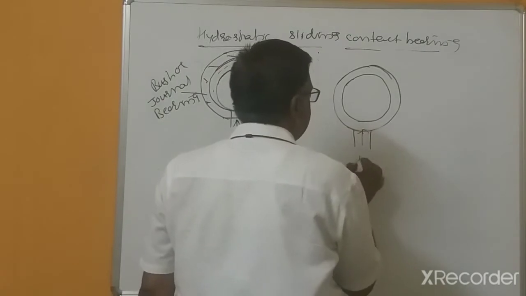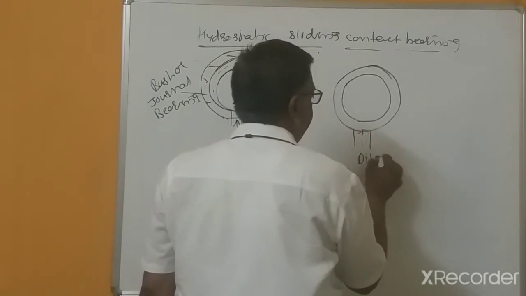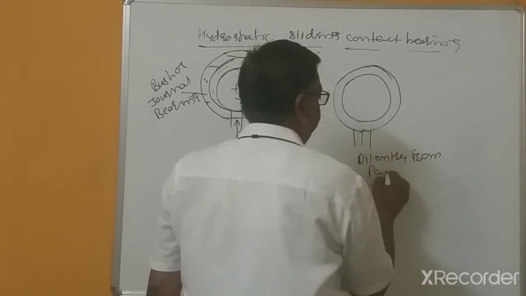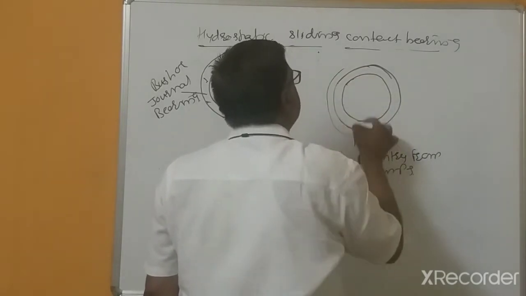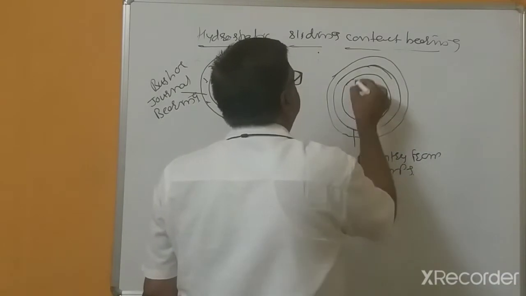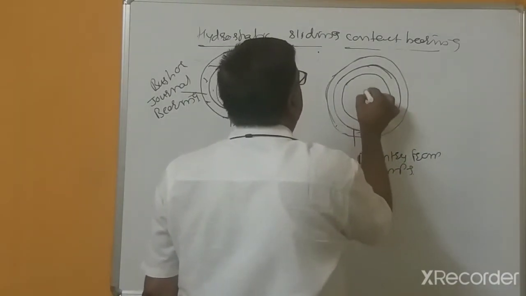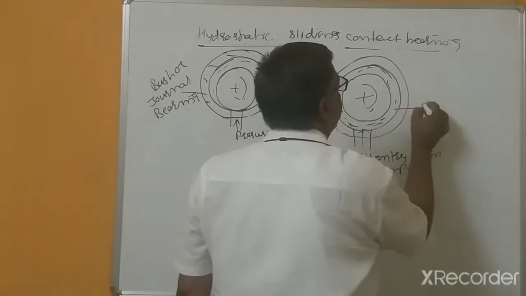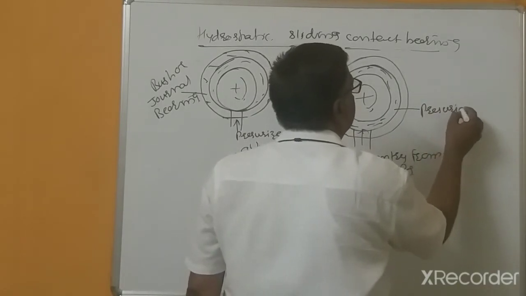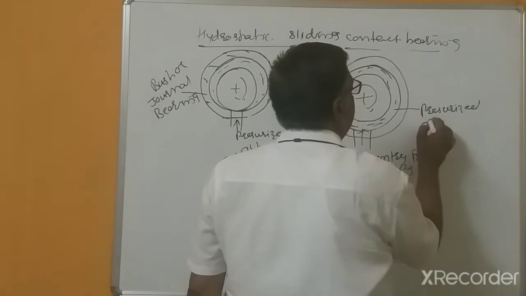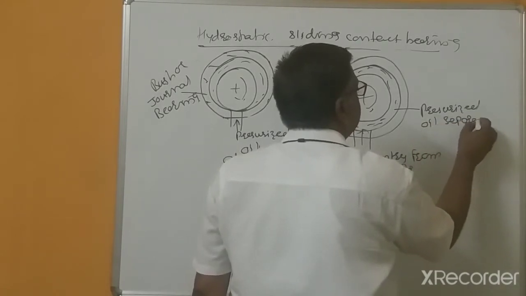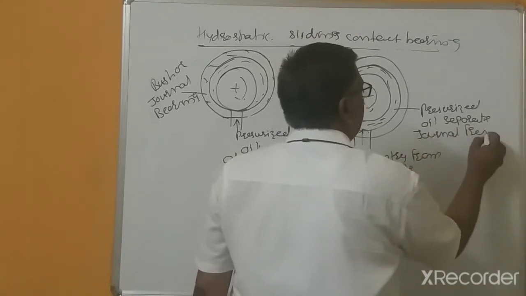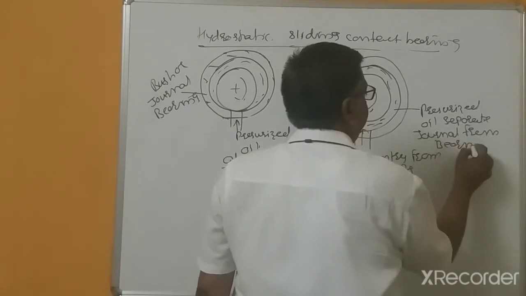the oil enters from the pump, and this is the bush bearing, the pressurized oil separates the journal from the bearing.